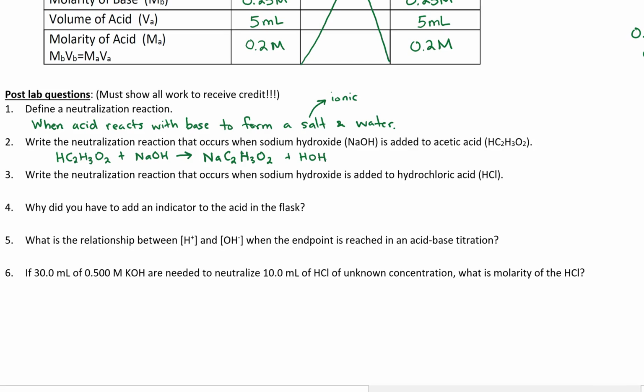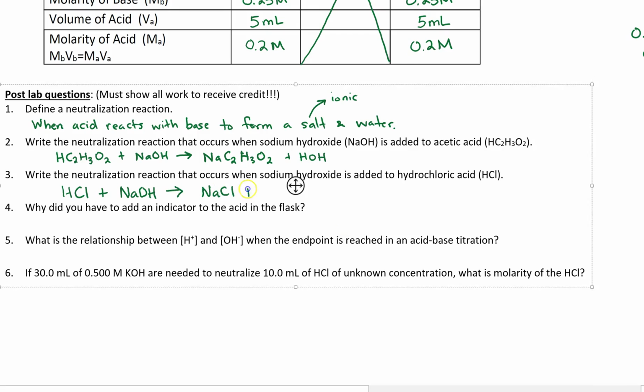Remember, that's another way of writing water. Okay, now we want to write the neutralization reaction that occurs when sodium hydroxide is added to hydrochloric acid. So writing the acid first. And there we have it.